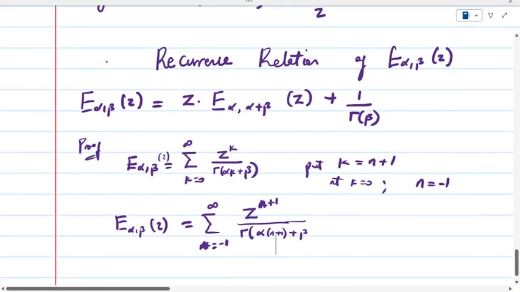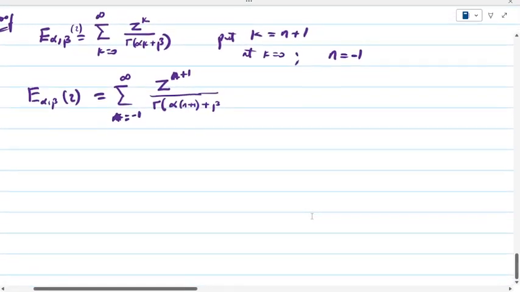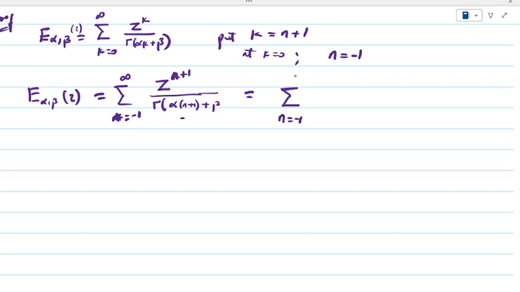So here now, let me first of all simplify this. I have summation n equals minus 1 to infinity z^(n+1) over gamma of (alpha n plus alpha plus beta). Okay, so let me take one of the series that is at n equals minus 1.